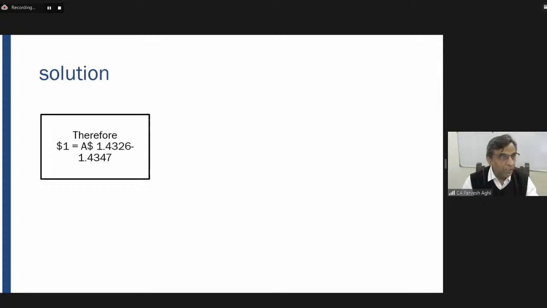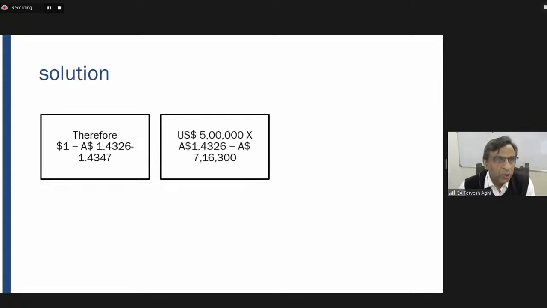By reciprocating, the bid becomes ask and ask becomes bid, the same thing which we did. So US dollar multiplied by 1.43. He'll look at the bid rate here. He's going to the bank. Bank says, okay, you have brought $5 lakh, I'm going to give you Australian dollars.